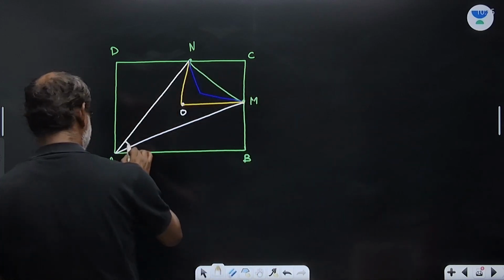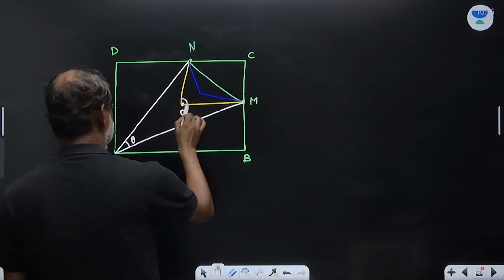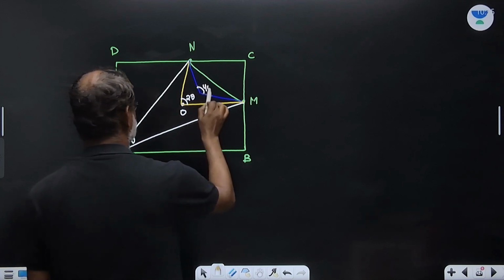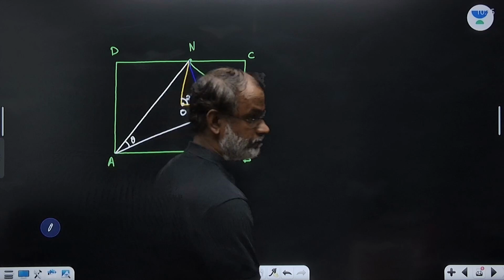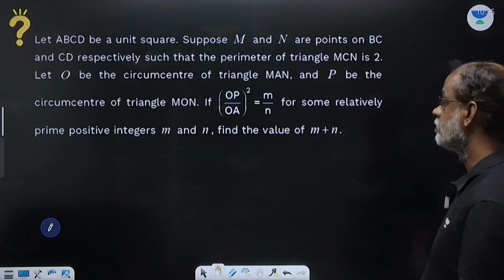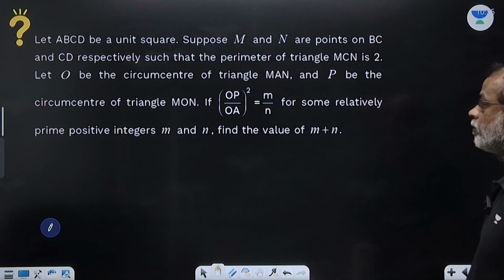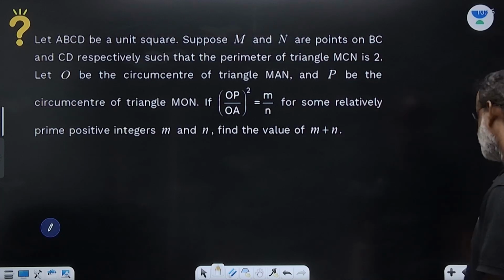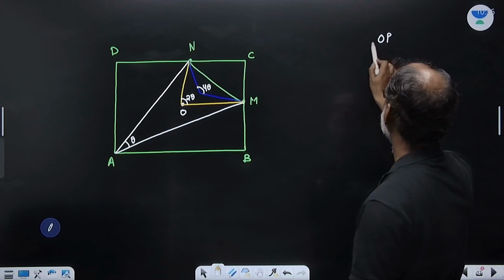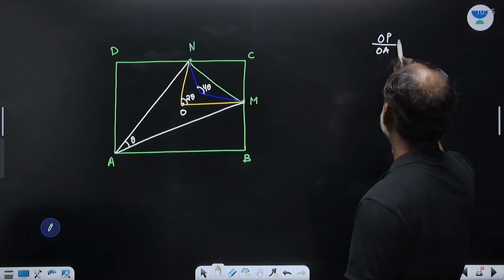If this is theta, this is 2 theta, and this is 4 theta. Fine. OP upon OA whole square is what we are asked for.